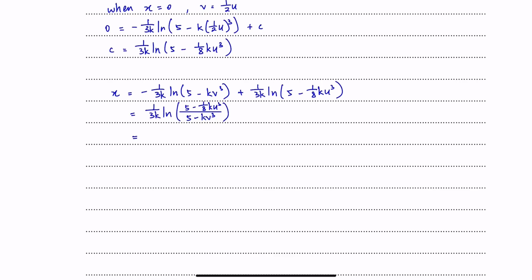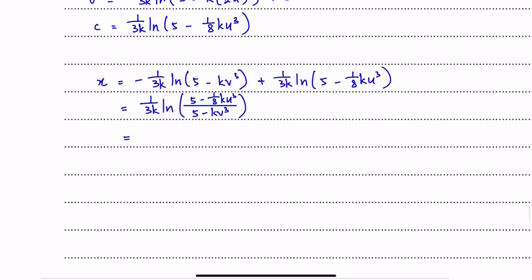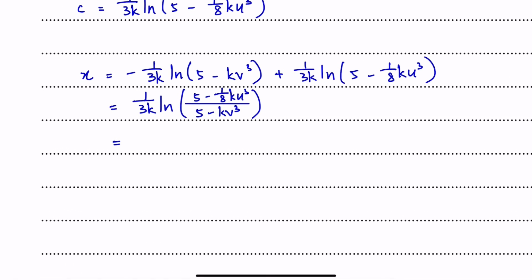And simplify this again, because we don't want to see fractions in a fraction, right? So 1 over 3k times ln, we multiply by 8 on both the numerator and the denominator, so we get 40 minus ku cubed over 40 minus 8kv cubed.